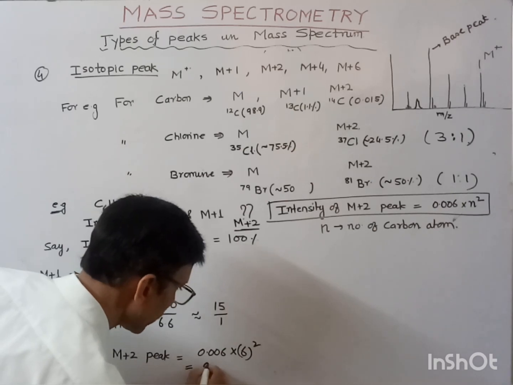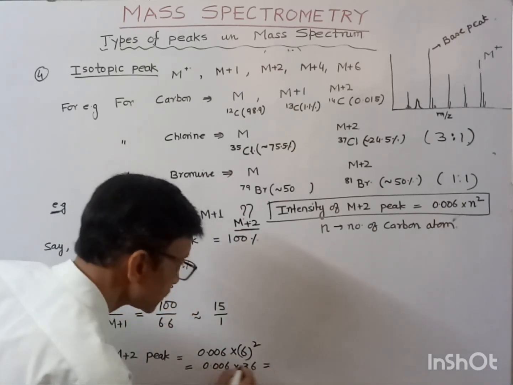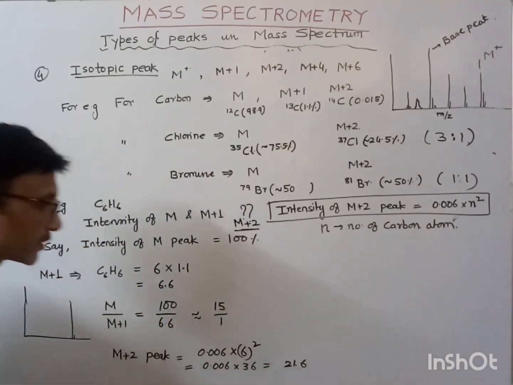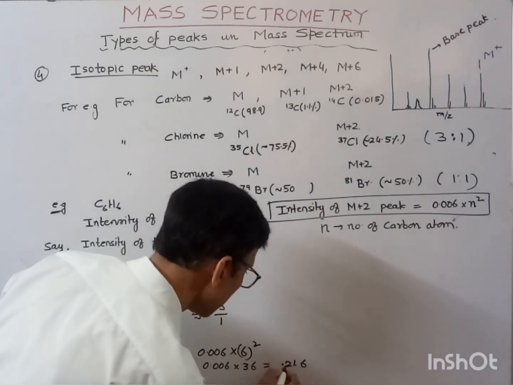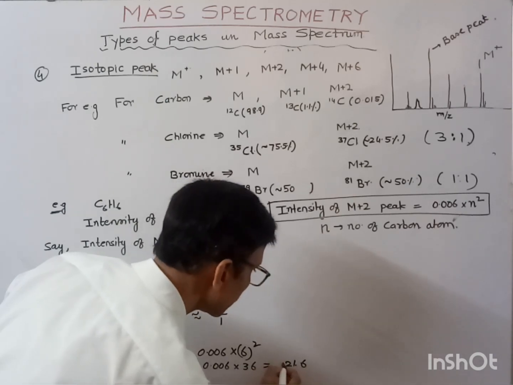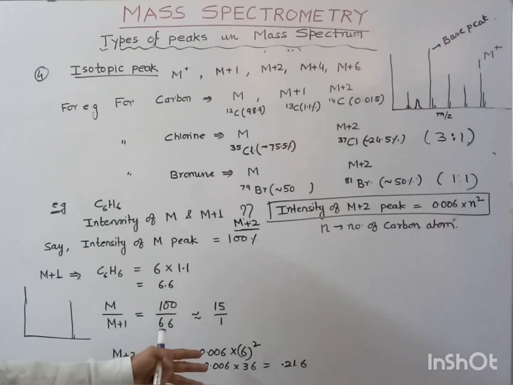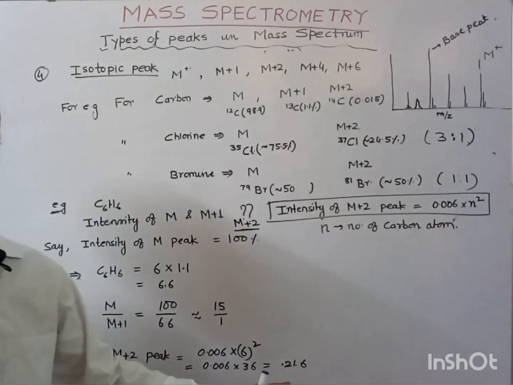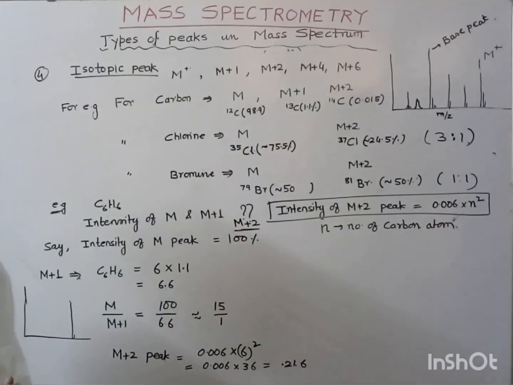This is equal to 0.006 multiplied by 36, which comes to 0.216. So this is very small in comparison to 6.6. This is 0.216. So we can find the intensity ratios like this.